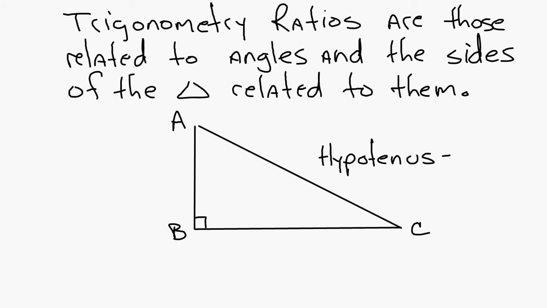The side opposite the 90 is always the hypotenuse. And then the two other super important terms are opposite and adjacent.